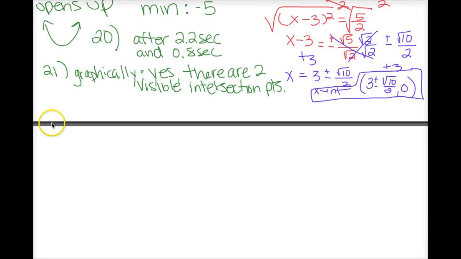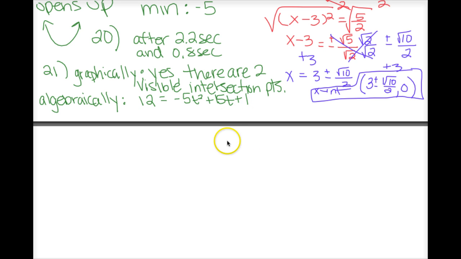Now, algebraically, that requires a little bit of work. My suggestion algebraically, because what this means is you're asking, are there solutions when I plug 12 in for y? So 12 equals negative 5t squared plus 15t plus 1.